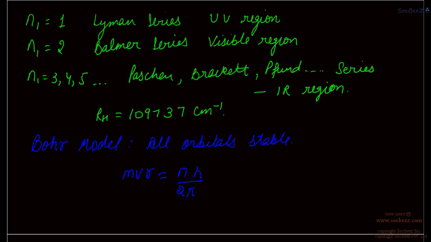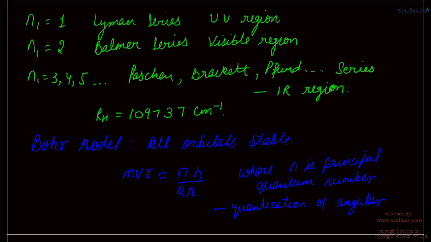Therefore, mvr equals nh upon 2 pi, where n is the principal quantum number. This theory is known as quantization of angular momentum.